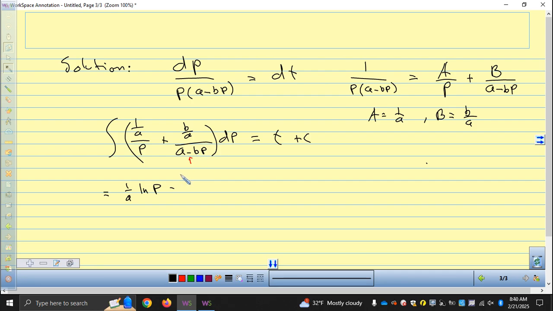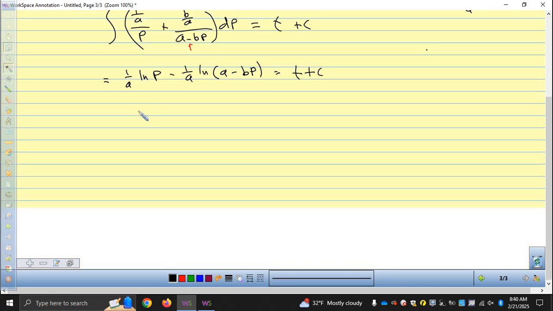So this becomes negative 1 over A, the B cancels, times the natural log of A minus BP, and that equals T plus C. I'm going to combine these, so we get 1 over A natural log of P over (A minus BP) equals T plus C.